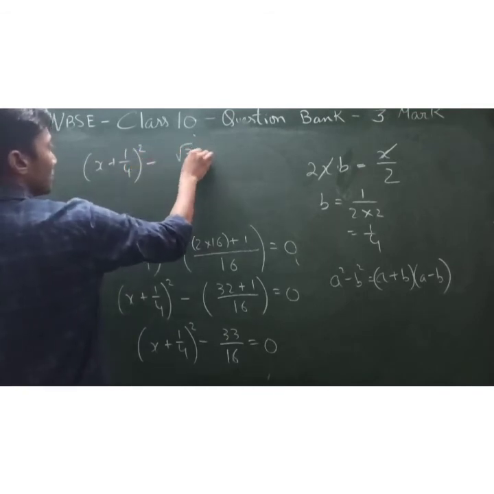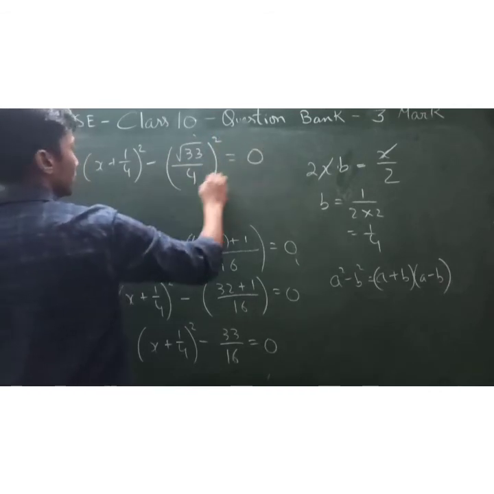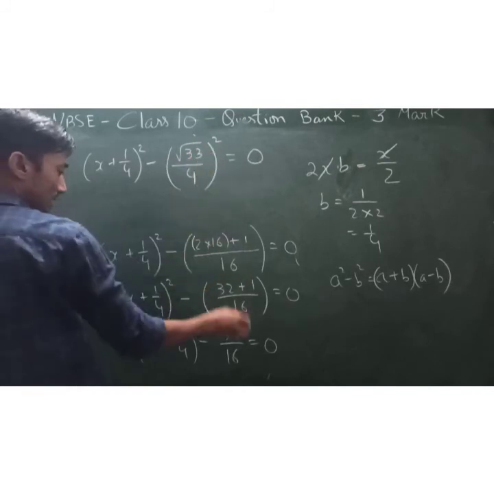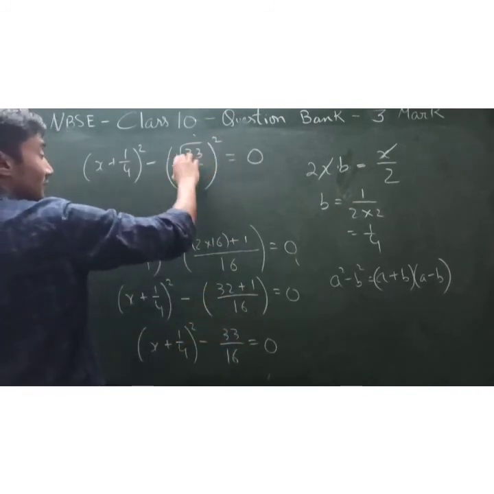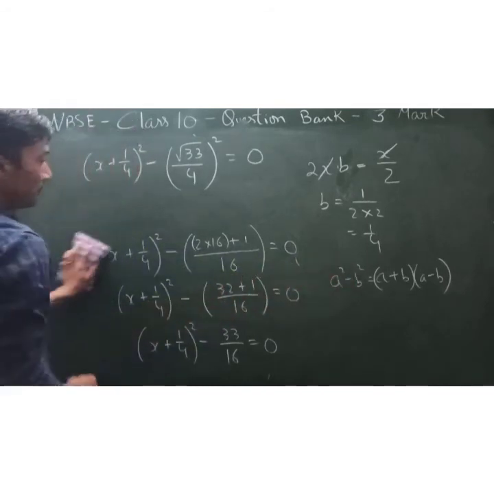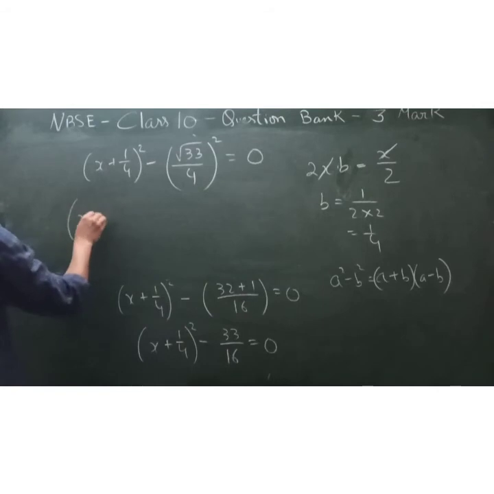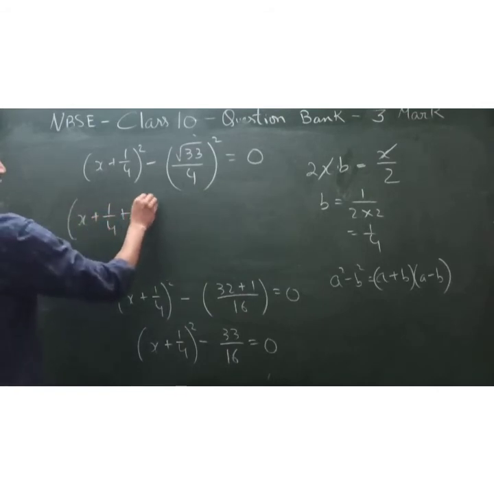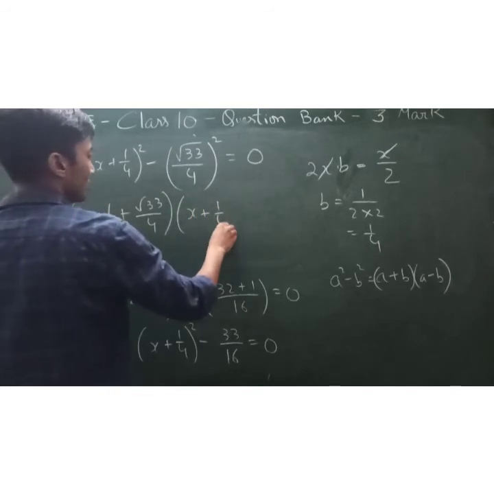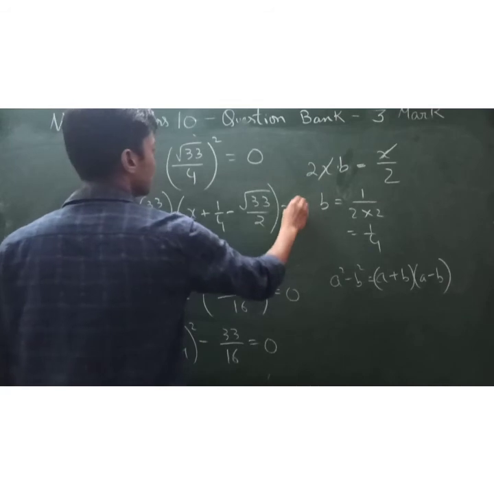I can write it as root 33 whole square, and 16 I can write as 4 whole square, equal to 0, because root 33 whole square is 33. So I want to convert it in the form of a square minus b square, and then I'll use the formula a plus b into a minus b, is equal to 0.